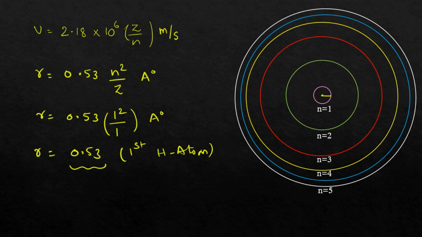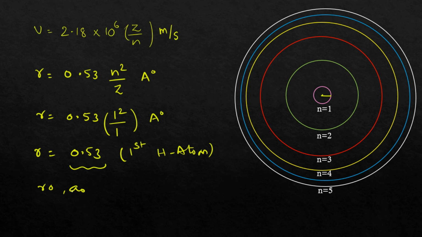So the value 0.53 itself we can call R naught or A naught. Sometimes they may give it as R naught or sometimes A naught. Both indicate the hydrogen atom first orbit radius.